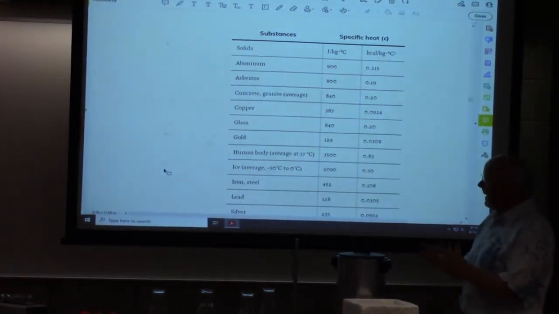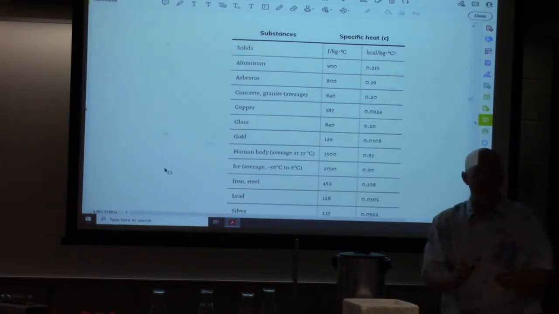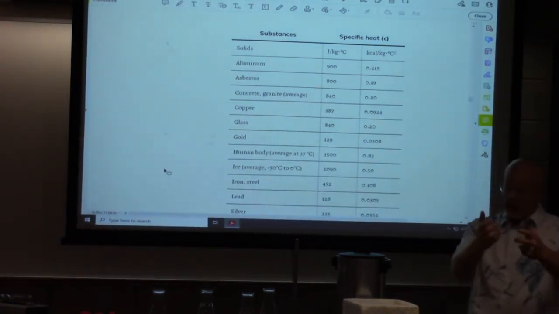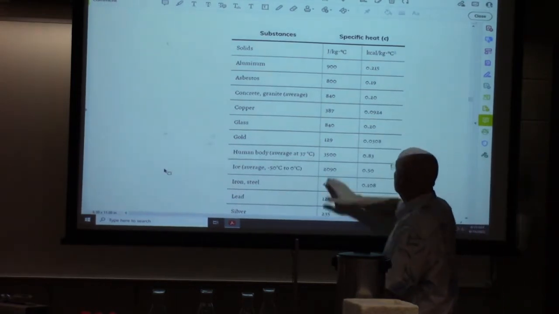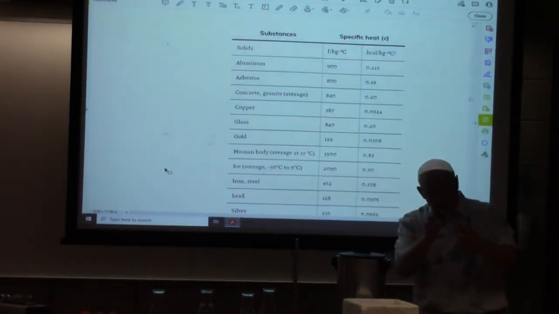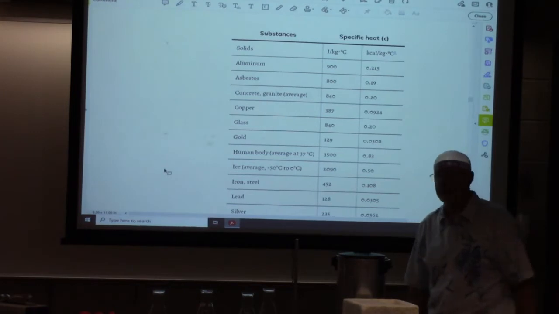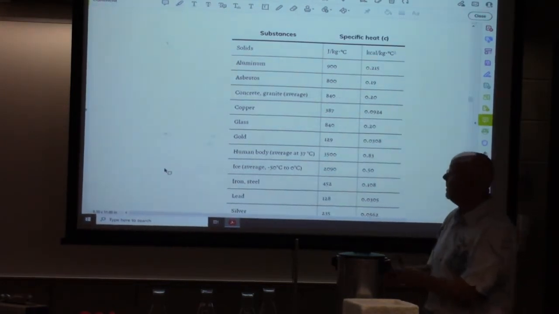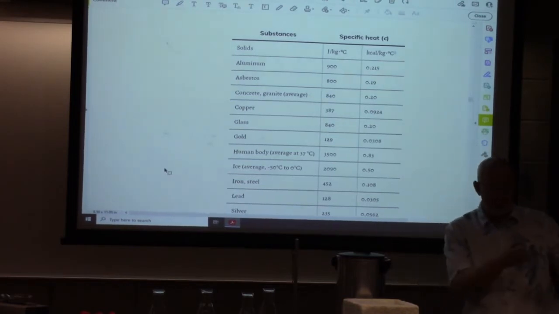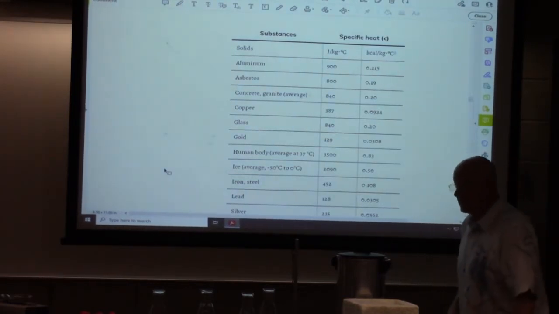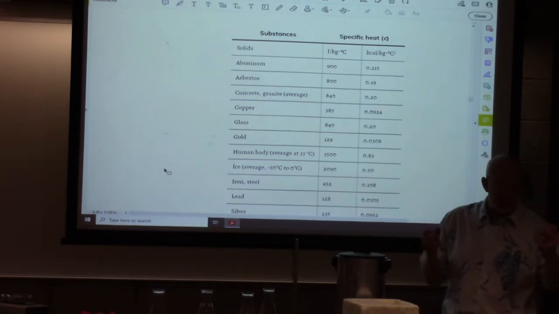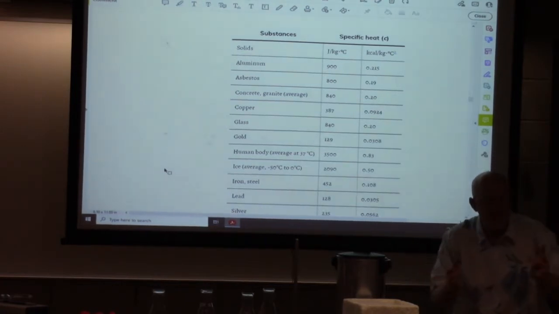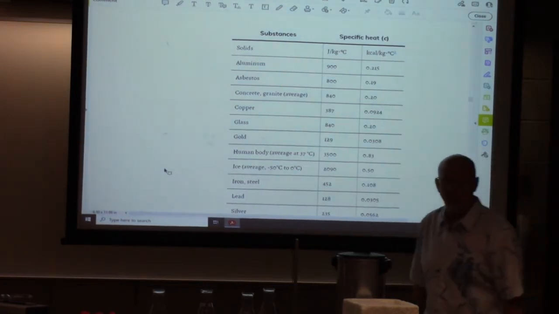And so again, if I had 1 kilogram of copper and I was going to warm it up 1 degree, I would have to give it 387 joules of energy to warm it up. And so you might say, oh, it's going to be easier to warm up copper compared to aluminum. And again, I don't know if easier is such a good word, but it takes less energy to warm up 1 kilogram.